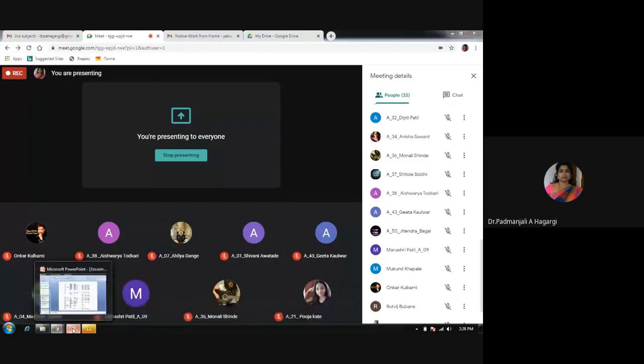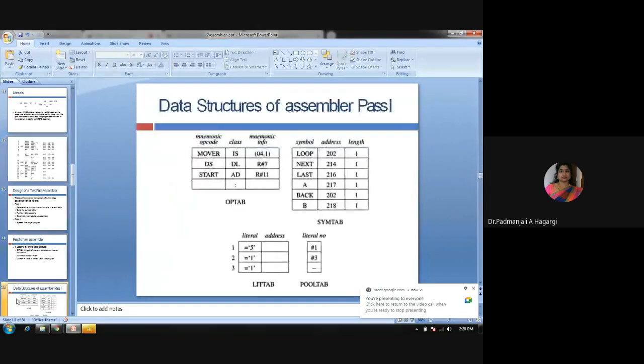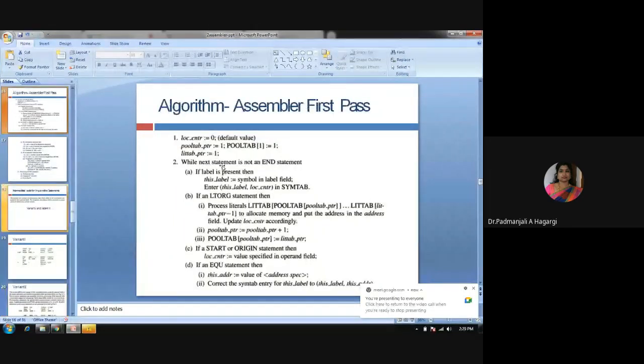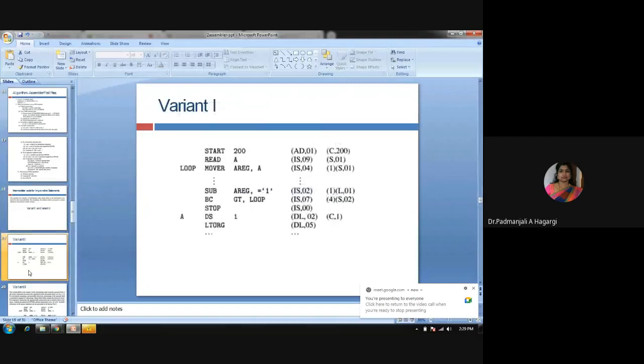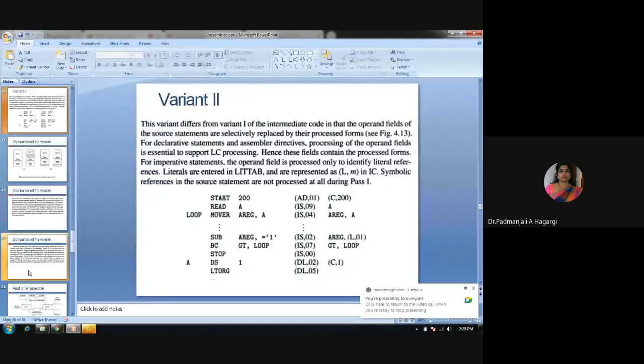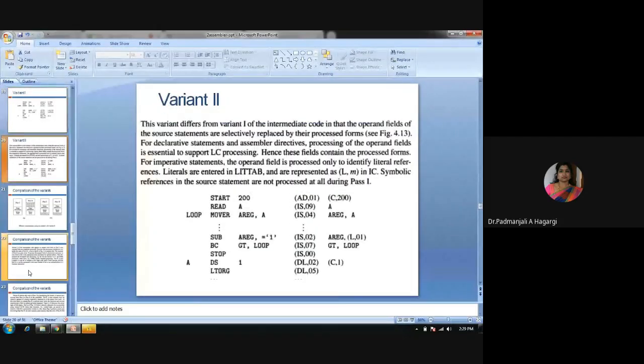With this, we have come to know how pass one and pass two happen. Now let us look into the algorithm of the first pass. These are the two different versions, variant 1 and variant 2.